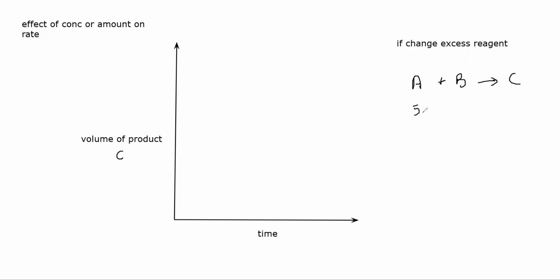I use 5 grams of A and 10 grams of B. So 5 grams of A is reacting with 10 grams of B and forming a product C, and this was the graph.